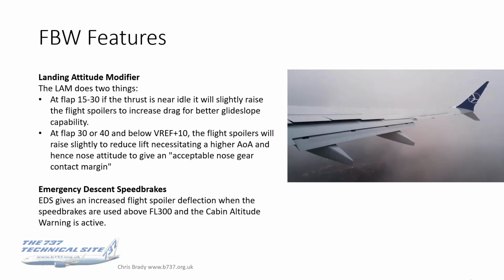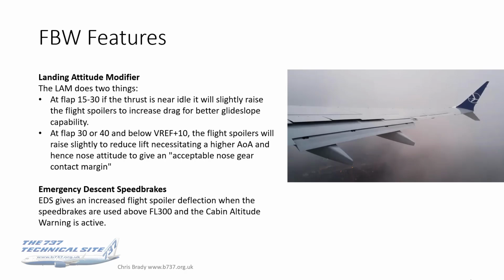Emergency descent speed brakes. So this will give an increased flight spoiler deflection when the speed brakes are used above flight level 300 and the cabin altitude warning horn is active. So it knows you're doing an emergency descent because the cabin altitude warning horn is active and you're using speed brakes above 300. What it will do is give you more than flight spoiler.